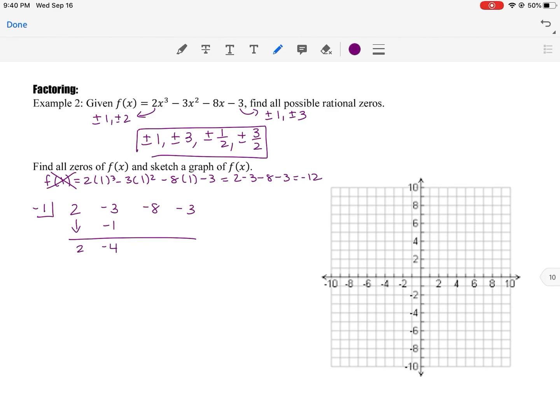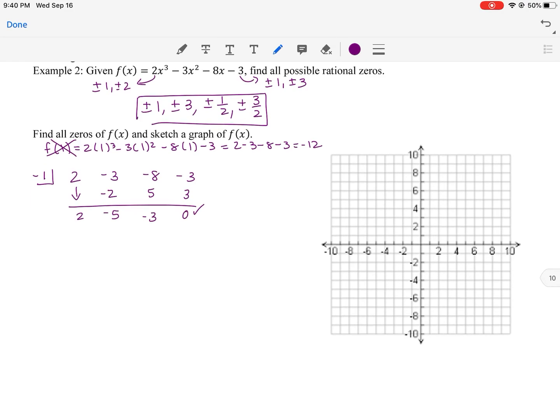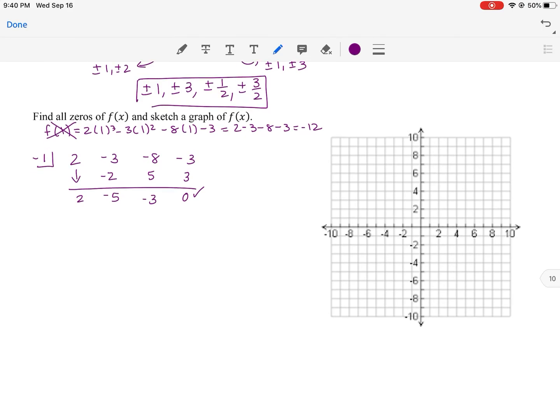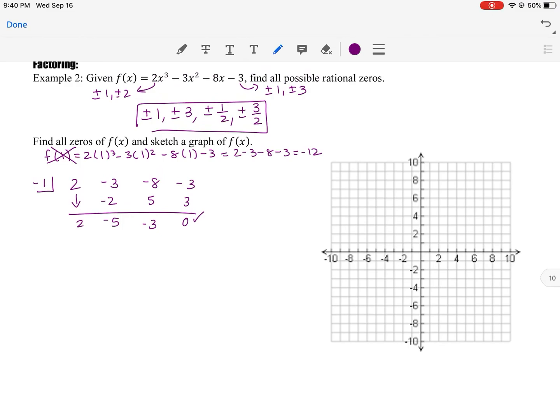We get negative 5. Negative 1 times negative 5 is 5, we get a negative 3, we get a 0. Good sign. So we know negative 1 is a zero, x equals negative 1.